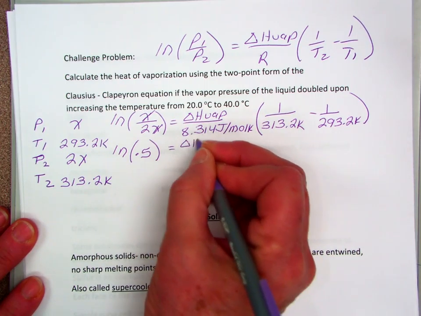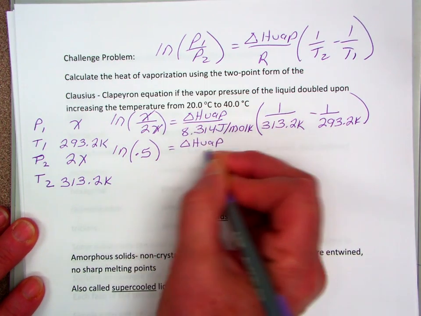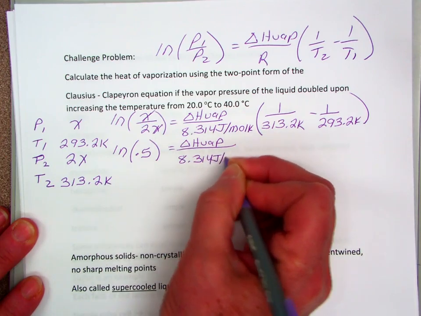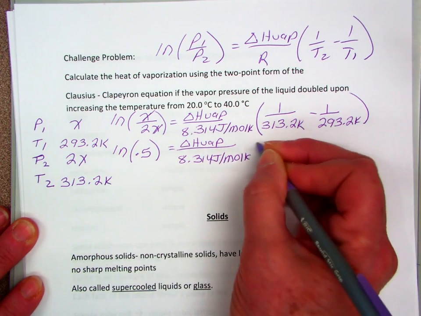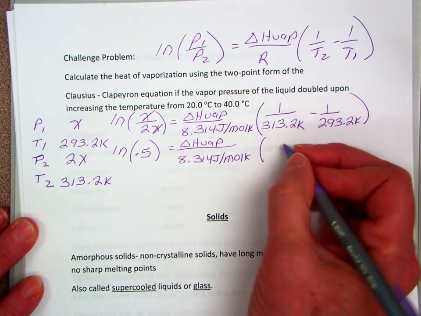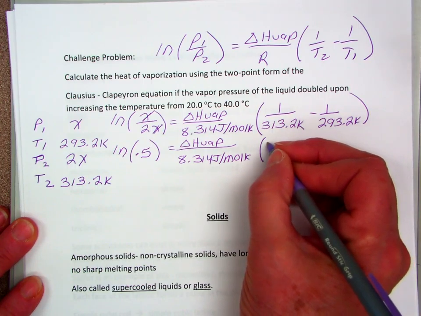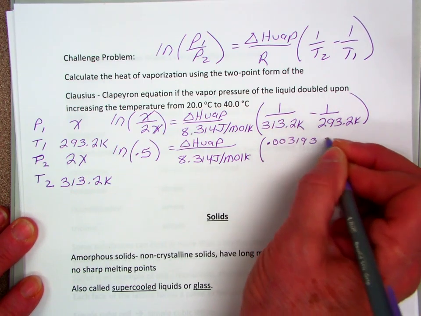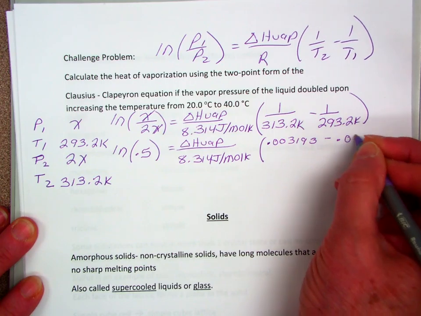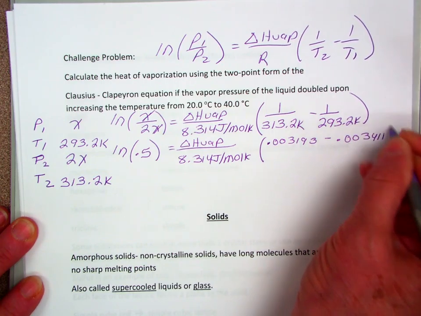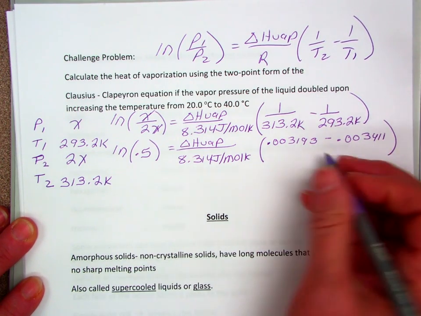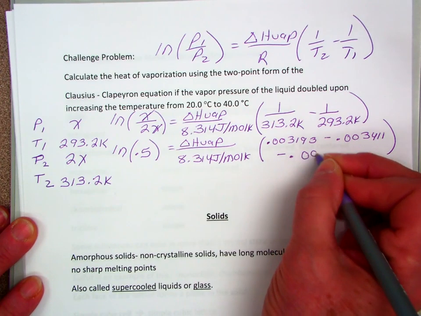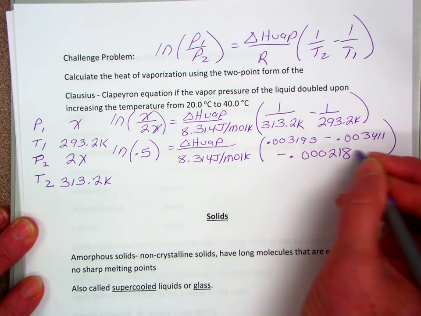is equal to the enthalpy of vaporization over 8.314 joules per mole Kelvin times, this turned out to be 0.003193 minus 0.003411, and when you subtract, preserving place, we get negative 0.000218.